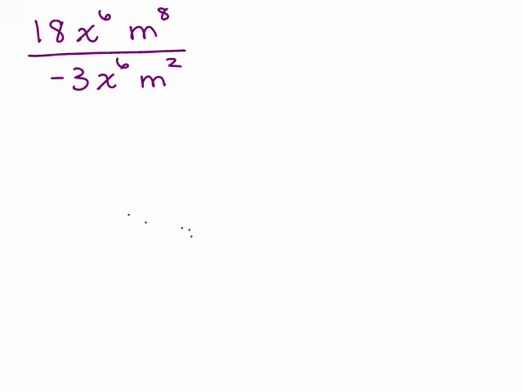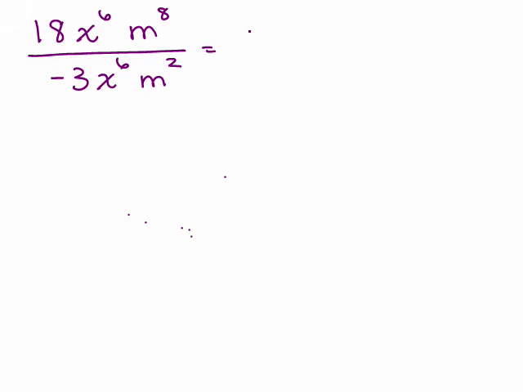Okay, let's take a look at this one. 18x to the 6th m to the 8th all over negative 3x to the 6th m squared. Now I'm sort of going to put the ones that are alike kind of together, so I want to look at my coefficients. My 18 over negative 3, those are not exponents. That still means 18 divided by negative 3.